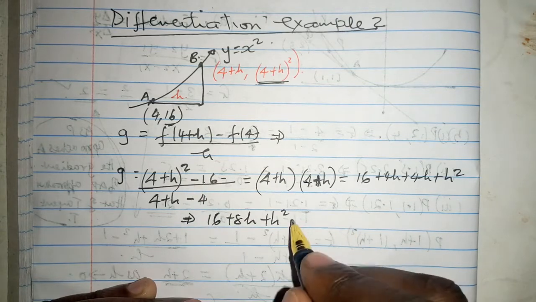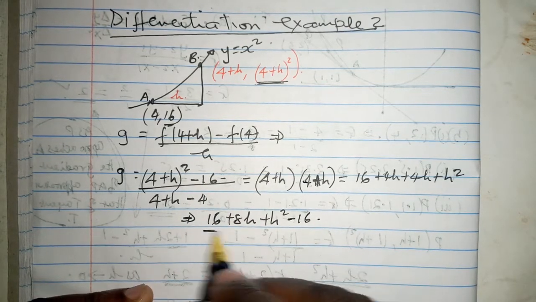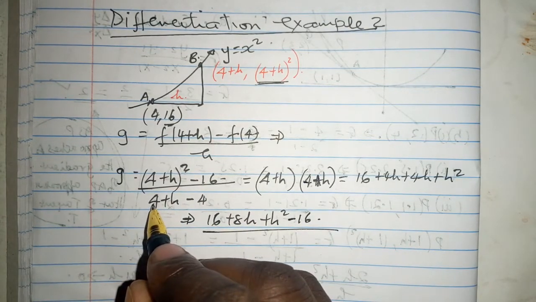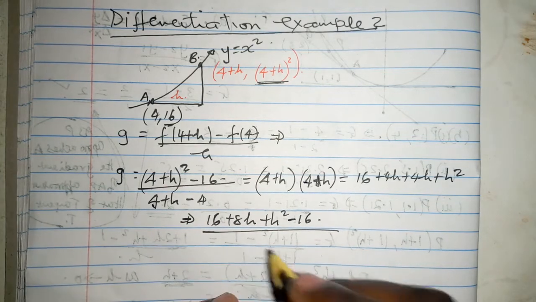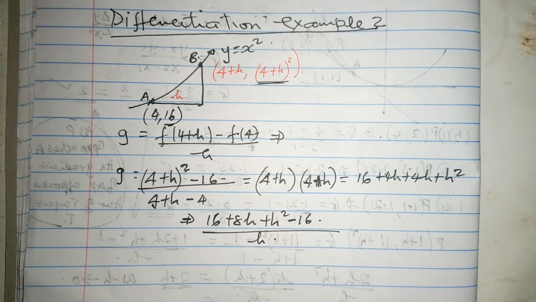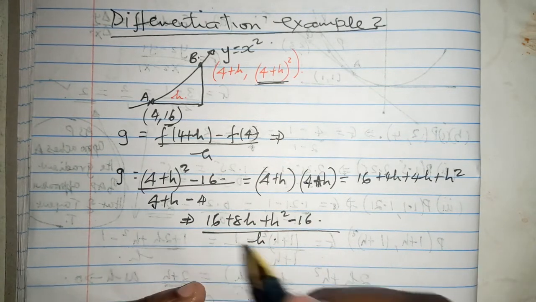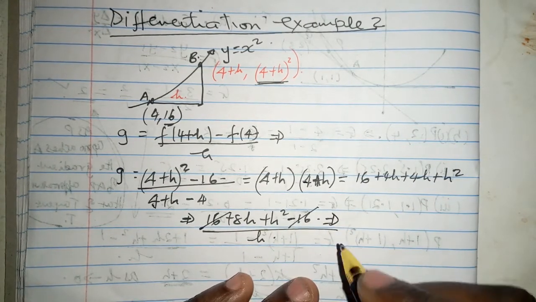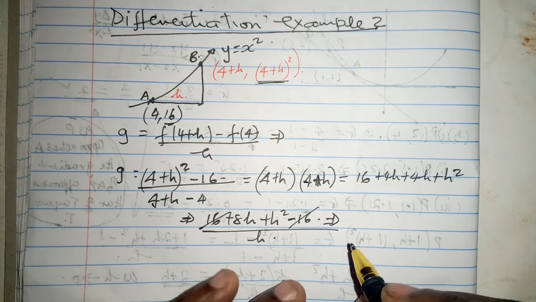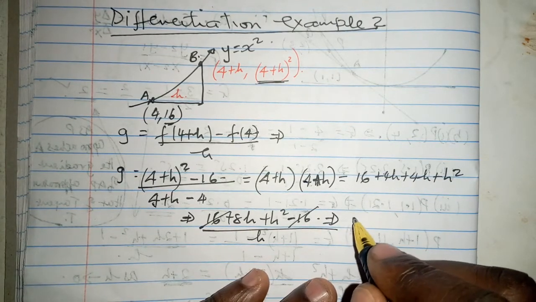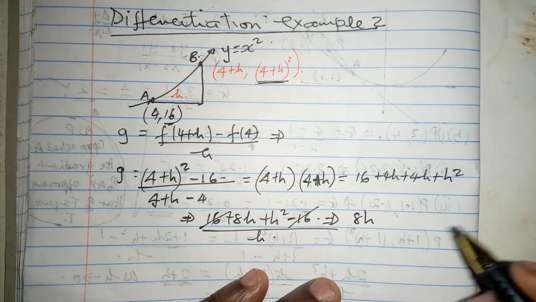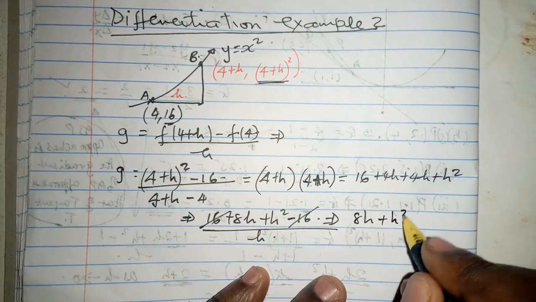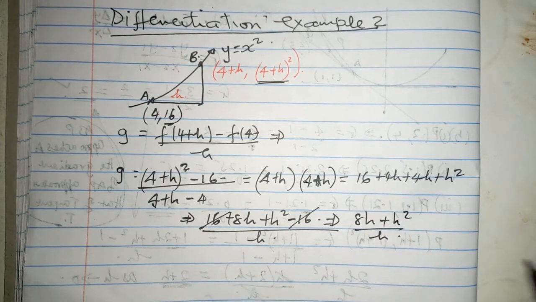Then remember to subtract that 16, everything over 4 minus 4 is 0, everything over h. 16 minus 16 is 0, so you'll be left with 8h plus h squared over h.